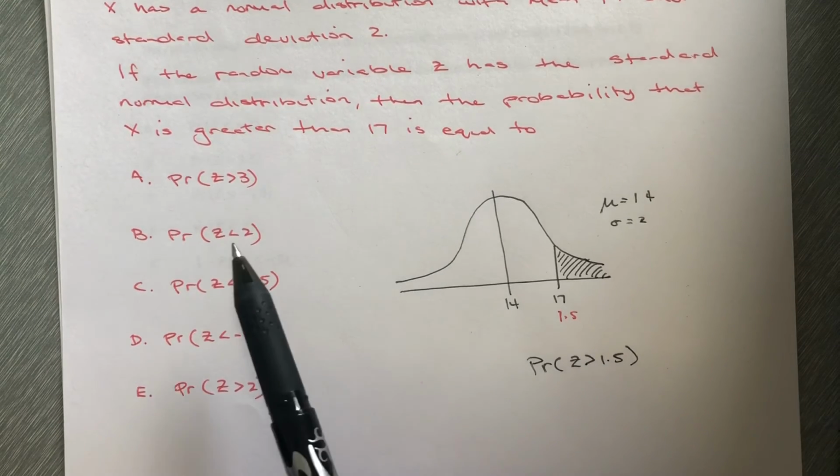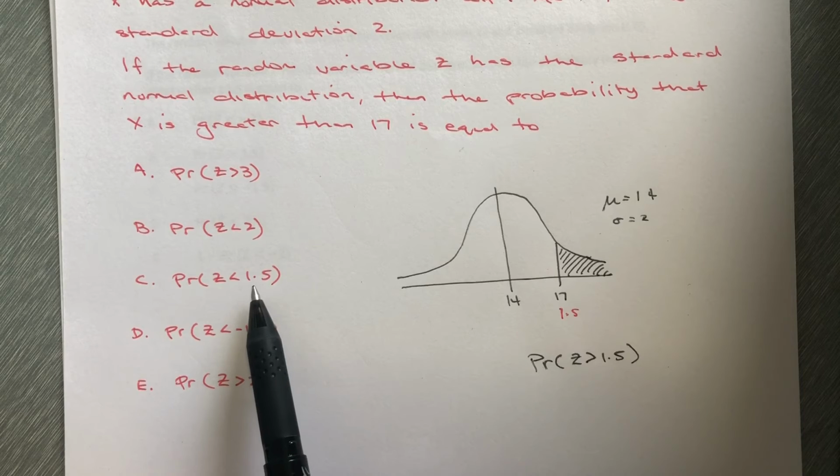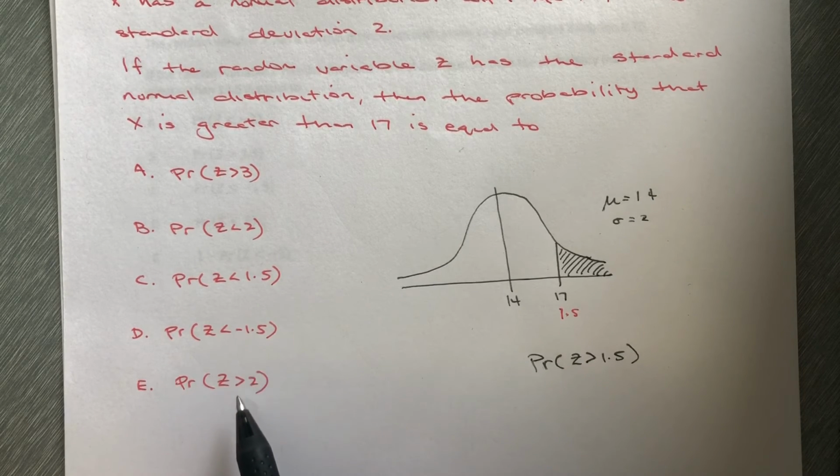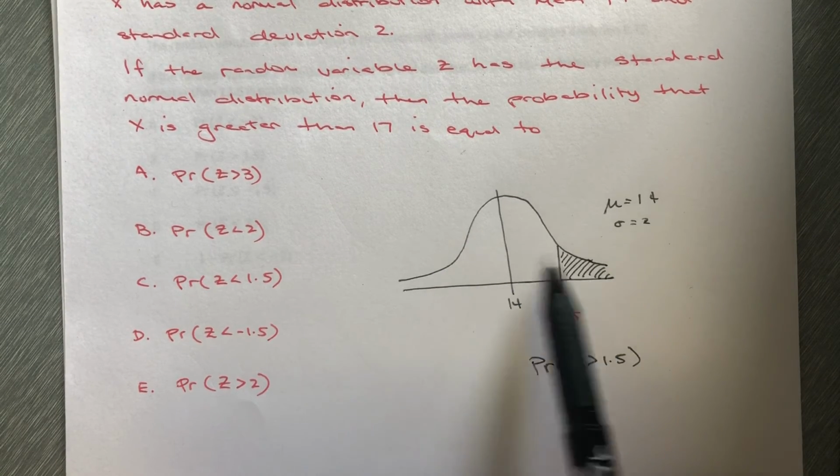Let's go over here and see if that is there. I'm looking through, it says less than 1.5 there. It doesn't actually have it. This is where multiple choice questions can be a little bit tricky, and also where symmetry is involved as well. Okay. Now, as we've said however many times, this is symmetrical.